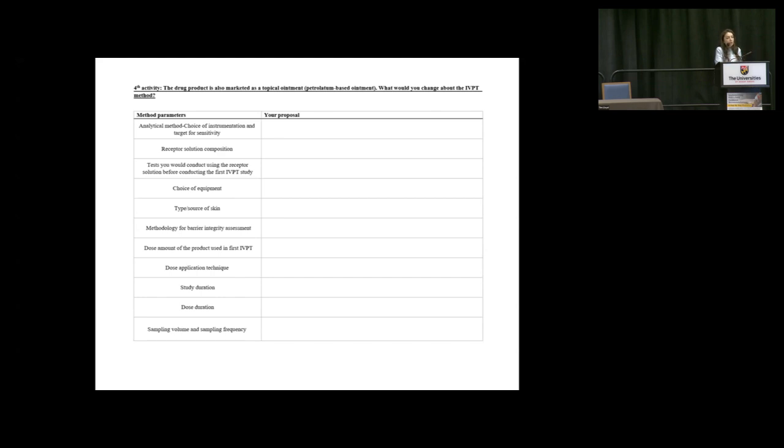Also, we discussed the barrier integrity assessment test, and some folks shared their experience that, for example, with TEER, it's more difficult to optimize, but it may be more sensitive than TEWL. However, you cannot conduct TEER with all the equipment. For example, if you have an automated inline Logan cell, you cannot use a TEER device with that. So it depends on what you have access to, and which parameters you can modify and optimize.